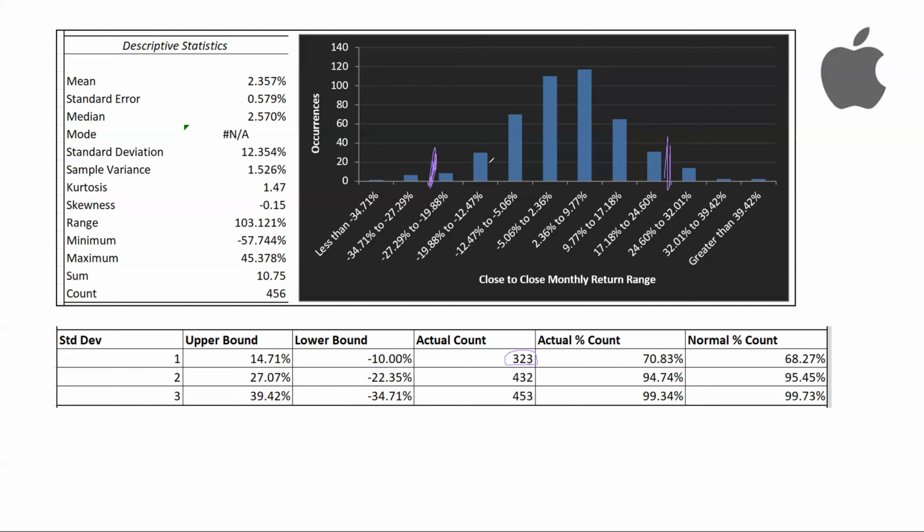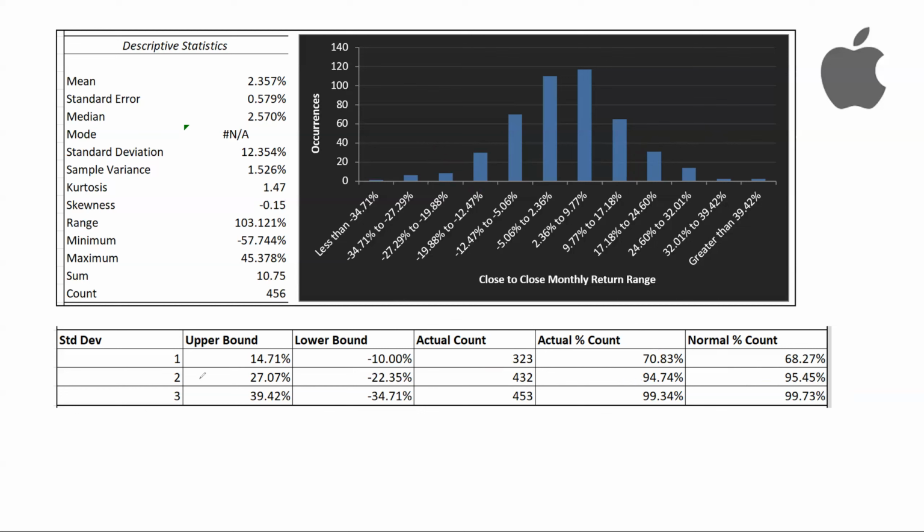So if you just want to look at those data that are between standard deviation 1 and standard deviation 2, then you have to minus them, okay? But 432 data occurs between standard deviation plus and -2, and it accounts for 94.74% of the data, which is also very close to the theoretical normal distribution count.